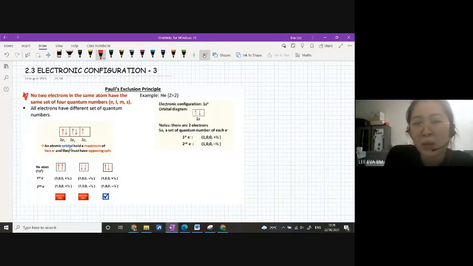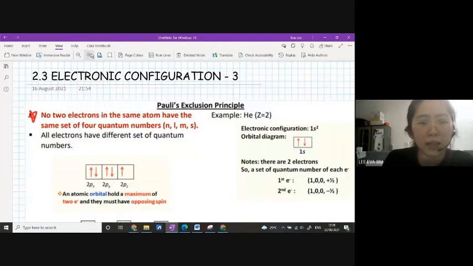An atomic orbital holds a maximum of 2 electrons and they must have opposite spin. I've given you the example in your notes, and you must remember this as well.